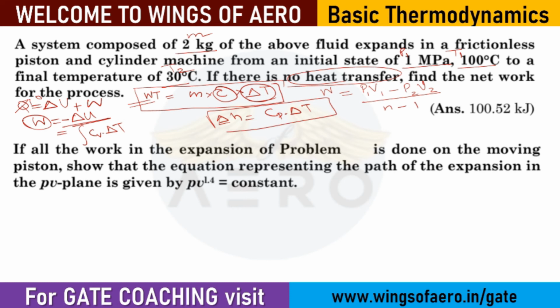So here, when you want to find this, you have to use Cv. If you use this formula here, mass is 2, Cv is I think 0.718 as standard we consider.